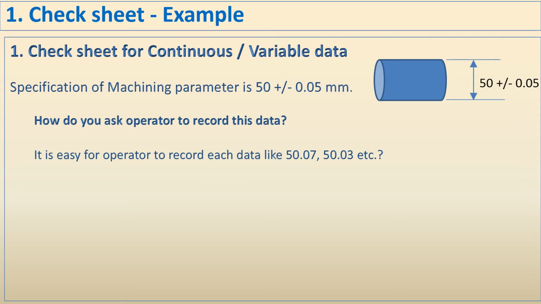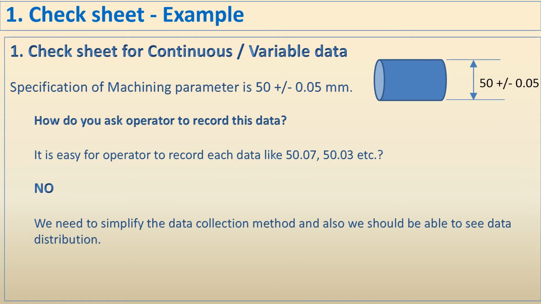It is easy for the operator to record each value like 50.05, 50.07, 50.03, etc. Yes? No. We need to simplify the data collection method, and we should also be able to see the data distribution. How can we do that?